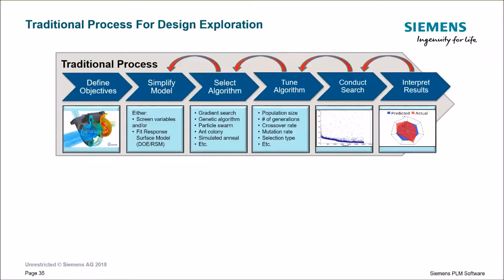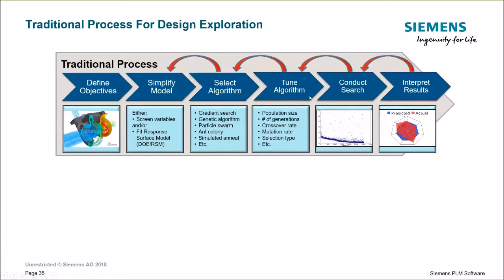The idea here is to change a little bit the traditional optimization process, in which typically you will have an original starting point. You define the objectives. You will have to simplify the model in order to make it manageable. You need to select the proper algorithm.